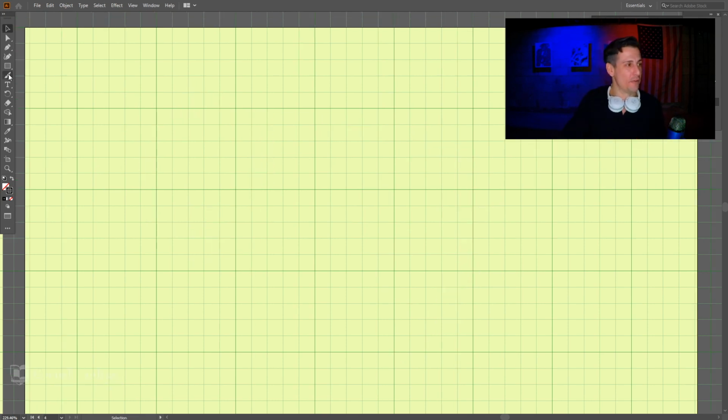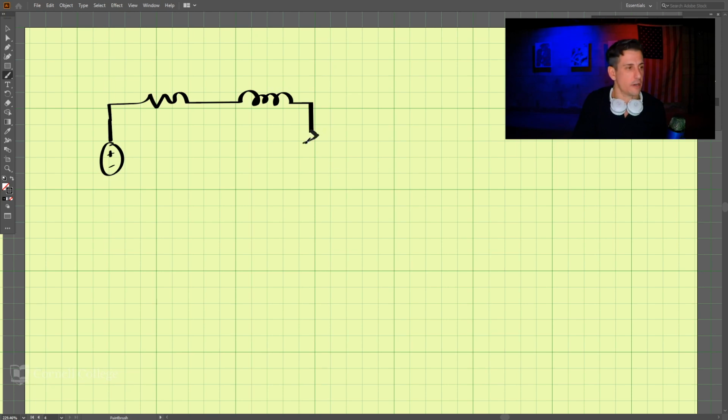Okay, so let's do an example. We have a voltage source here, connected to a resistor, which is then connected to an inductor, and then we have a resistor here that is connected to a switch that opens at t equals 0.